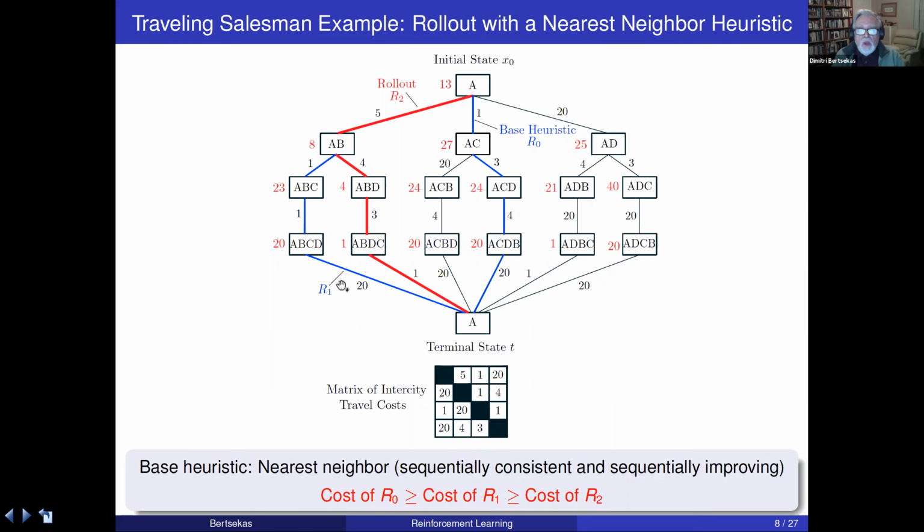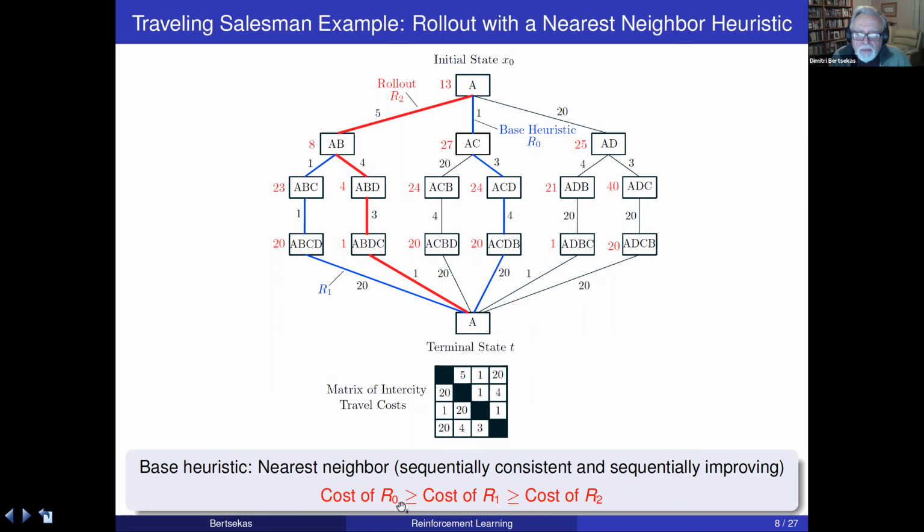We went on to a better trajectory, R1, and then to a third trajectory, R2, which is the final trajectory. This is the cost of the heuristic, the base heuristic, starting from X0. And this is the cost of the rollout. And there is this monotonic improvement in trajectories.